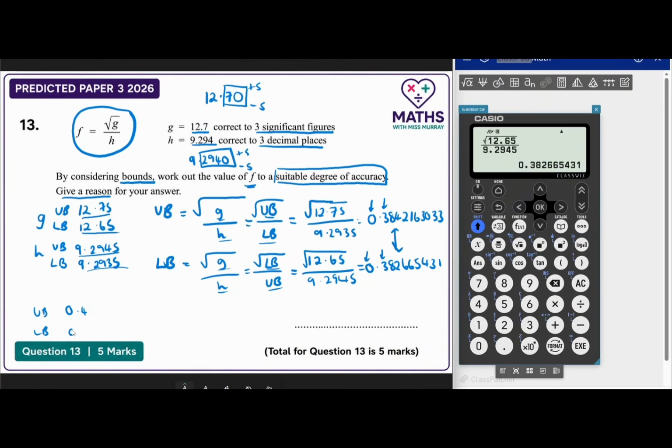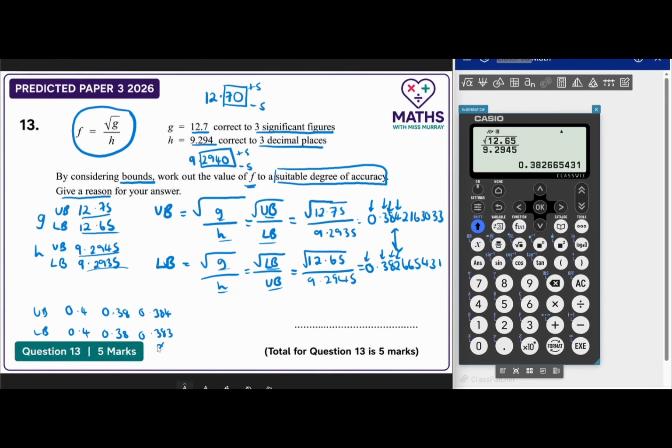If I rounded them to one decimal place, they would both round to 0.4. So let's see if I go to two decimal places. Do they both round to 0.38? Yes, they do. So I can keep going. So this is a better degree of accuracy. It's more accurate because I'm giving more decimal places, you see. So this would still be suitable as they would both round to the same thing. Then I go to the next number along. Now the upper bound would round to 0.384, whereas the lower bound would round to 0.383.